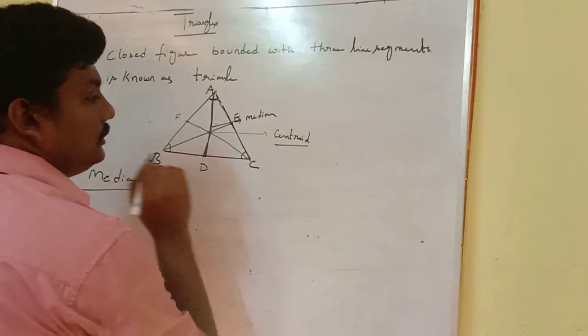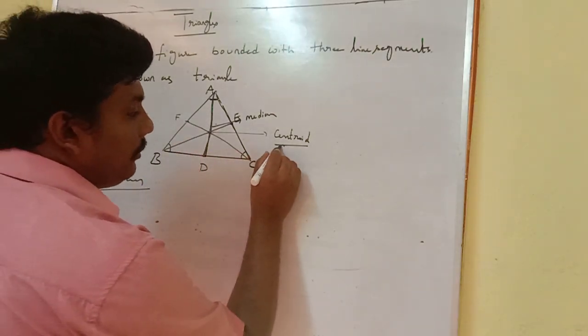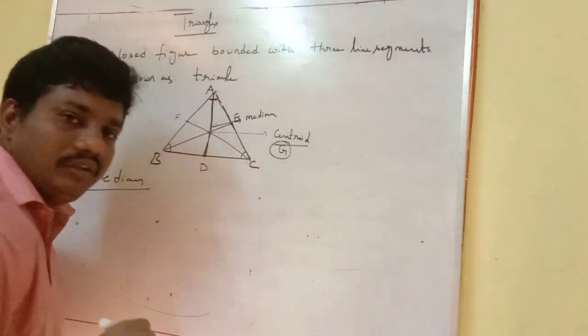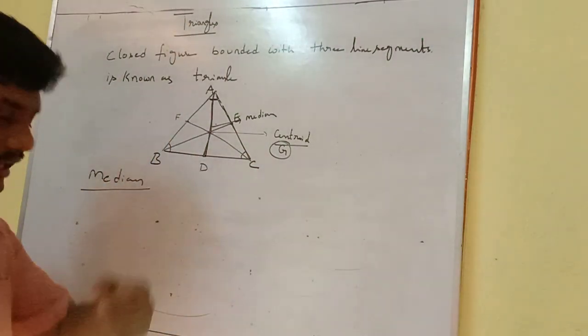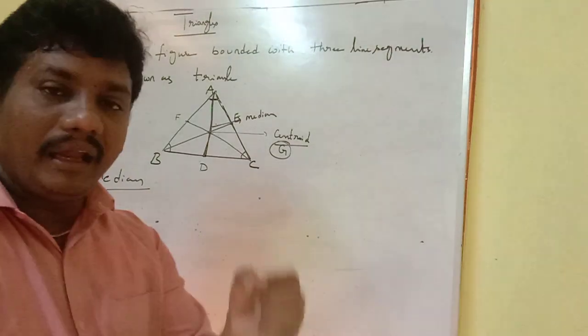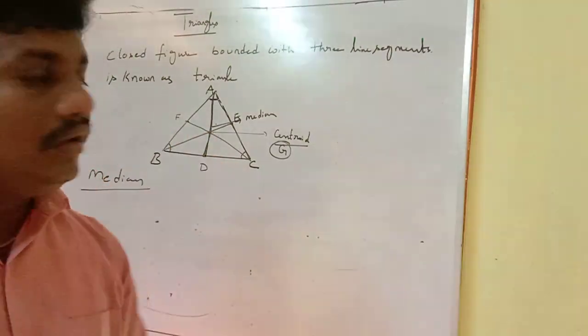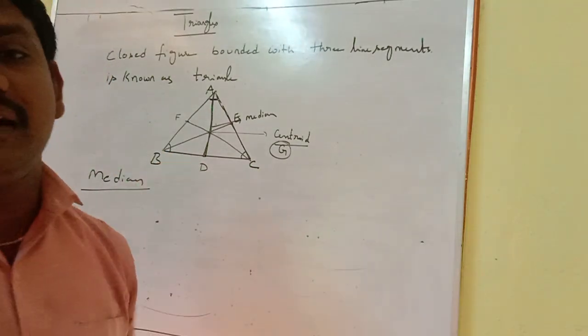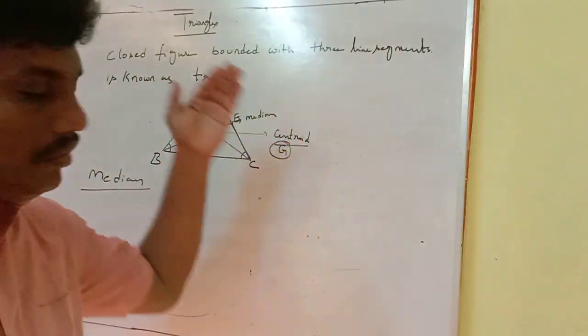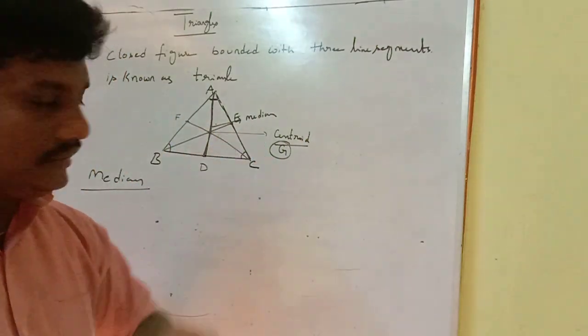We can consider the centroid of the triangle as capital G. So what is the median? A median is a line segment drawn from a vertex to the midpoint of the opposite side of a triangle. That is our aim here.